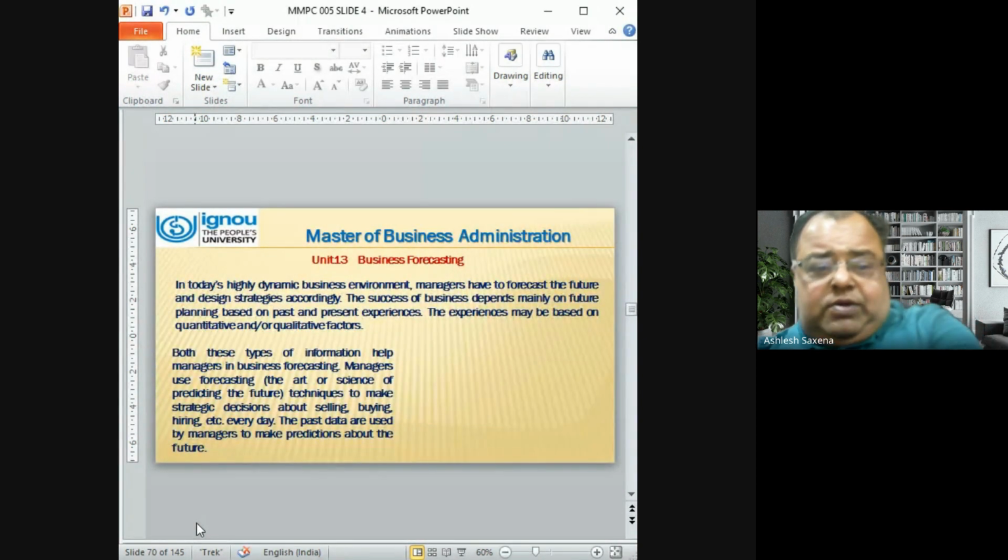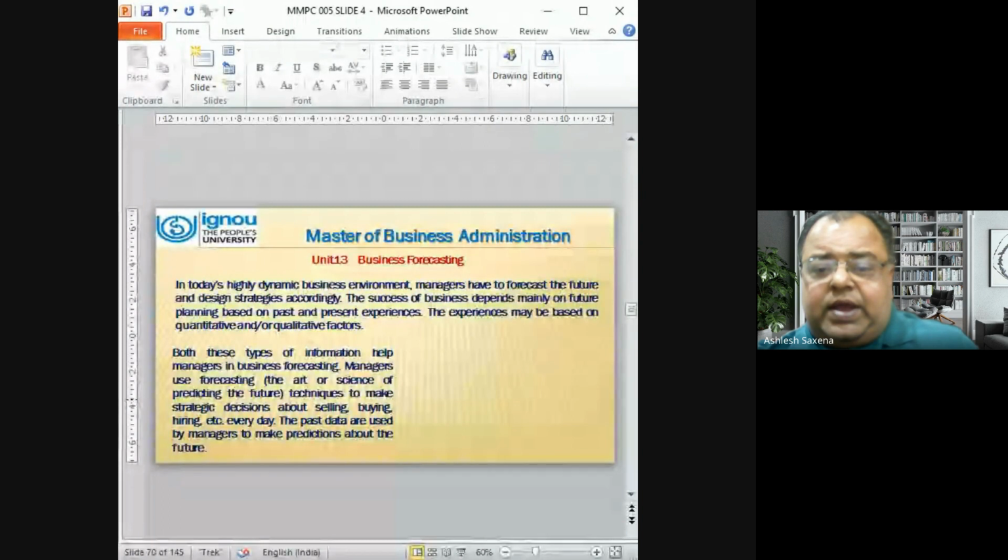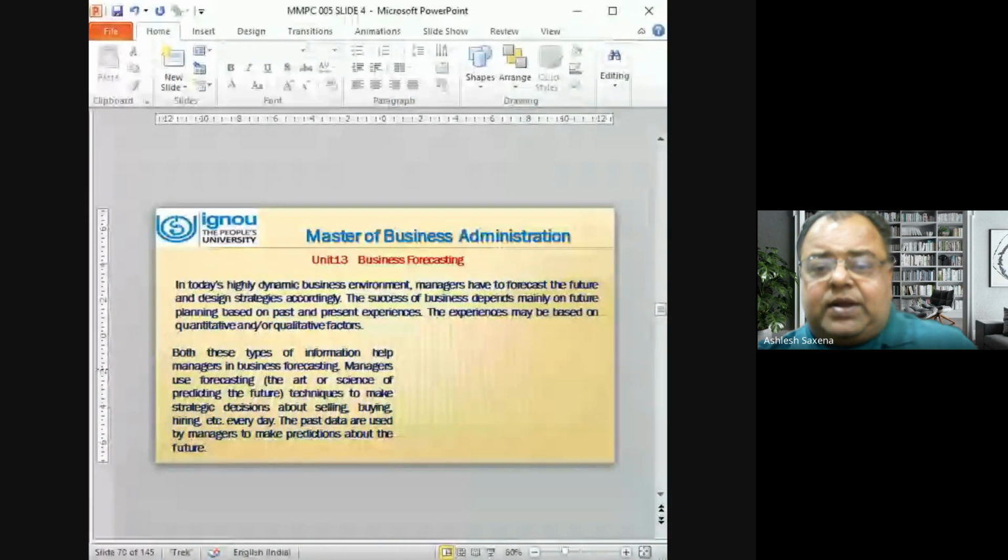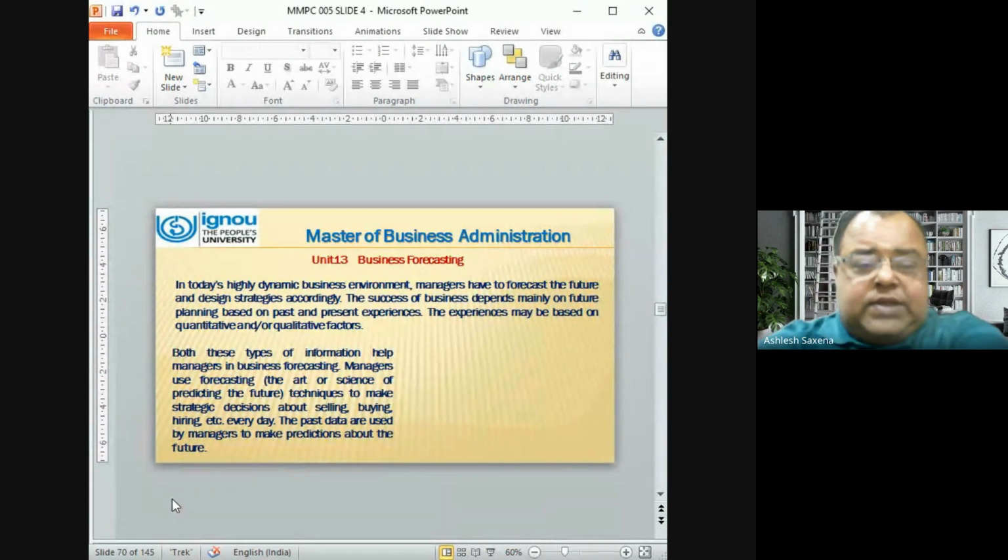As far as business forecasting is concerned, in forecasting we have to predict the future by mathematical methods. In today's highly dynamic business environment, managers have to forecast the future and design strategies accordingly.